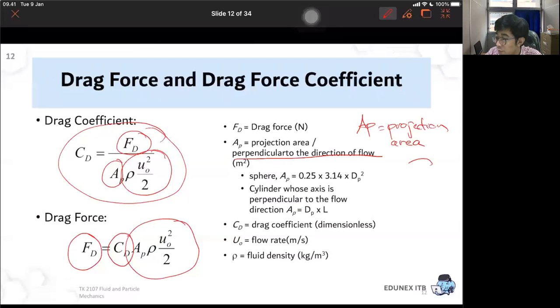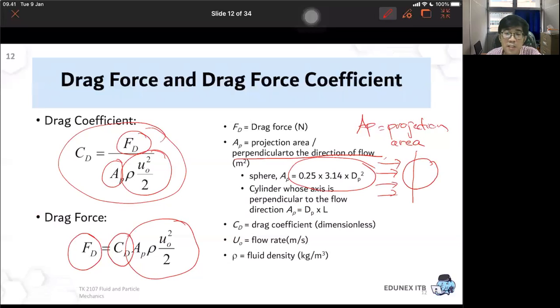If you have a sphere, the projection area will be a circle, and you can use the circle area formula to calculate the projection area.